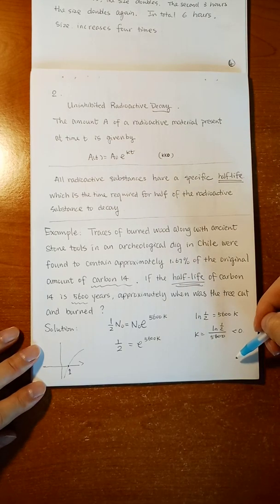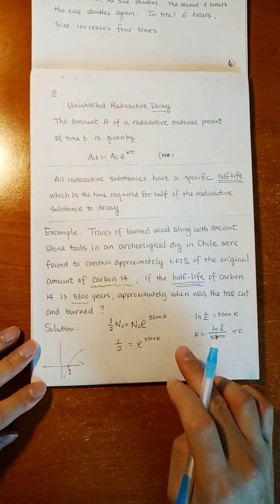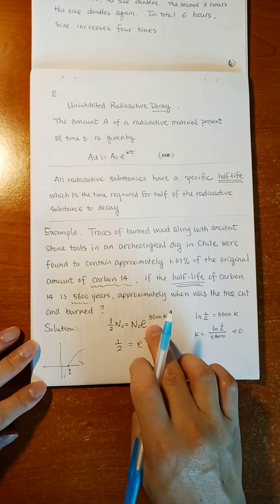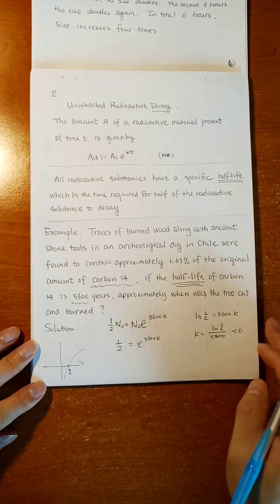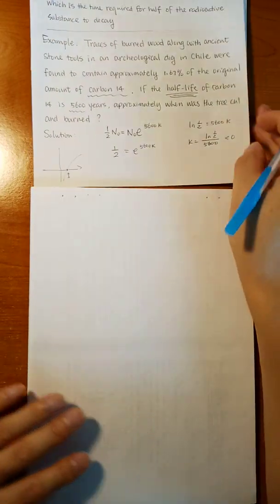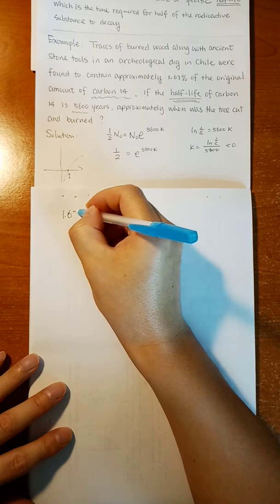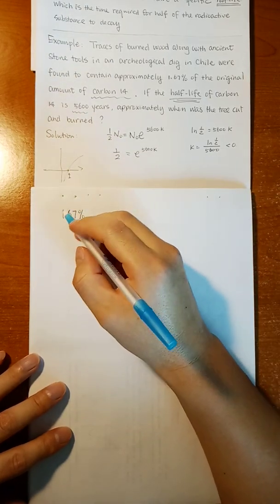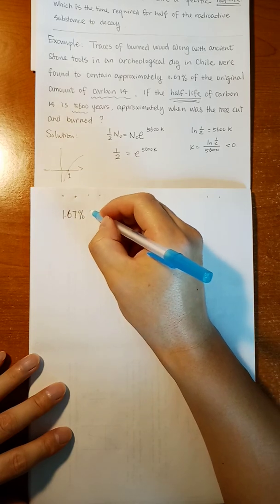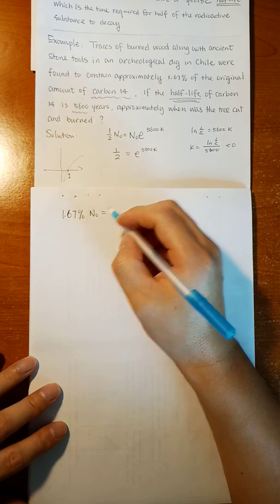After we get this K, what are we going to do? We are going to estimate the time. Time is known, we get K. And once K is known, we can find the time. How do we do that? You see, at the current moment, we only have 1.67% of the original theoretical amount.